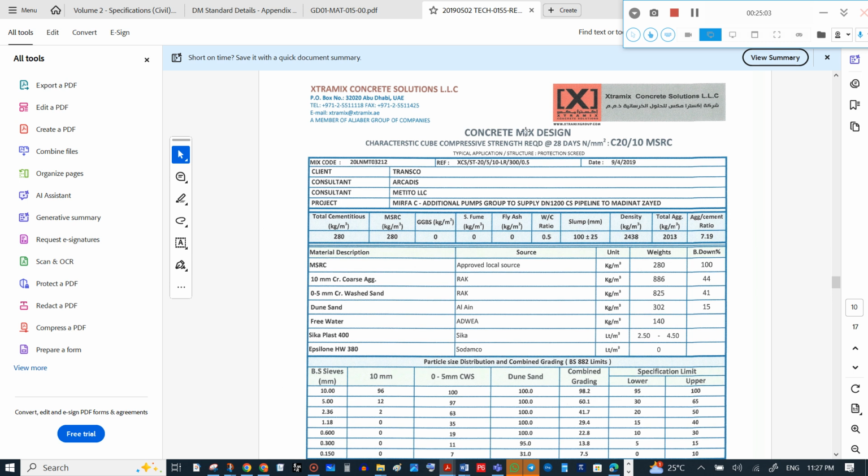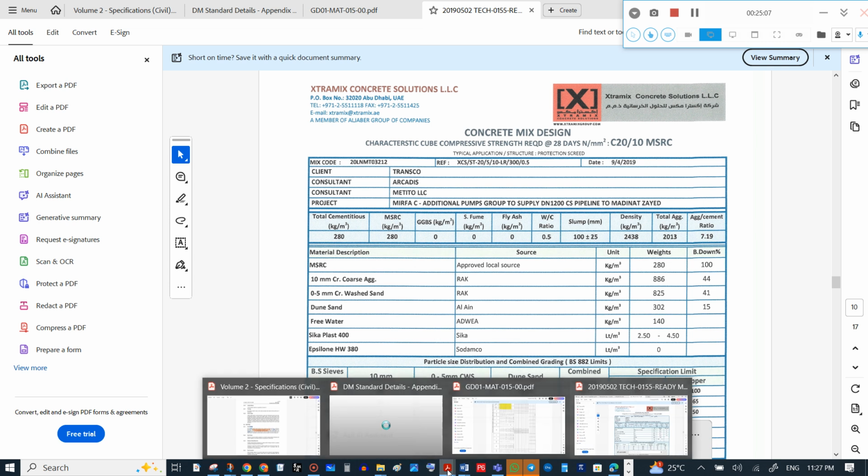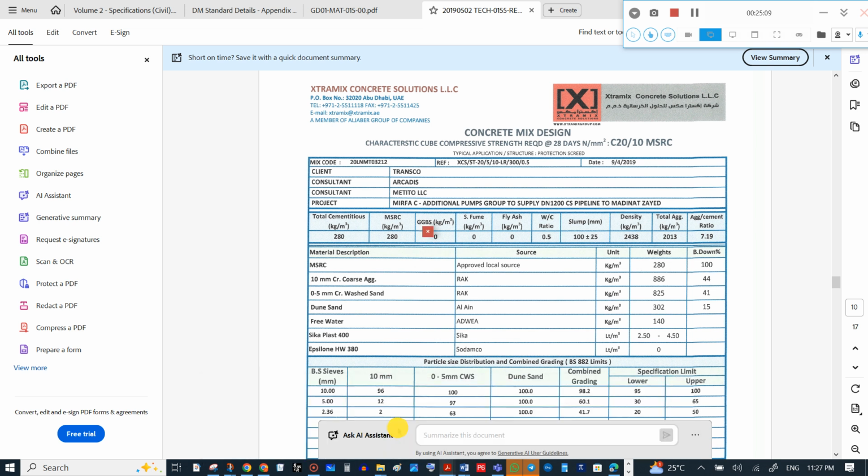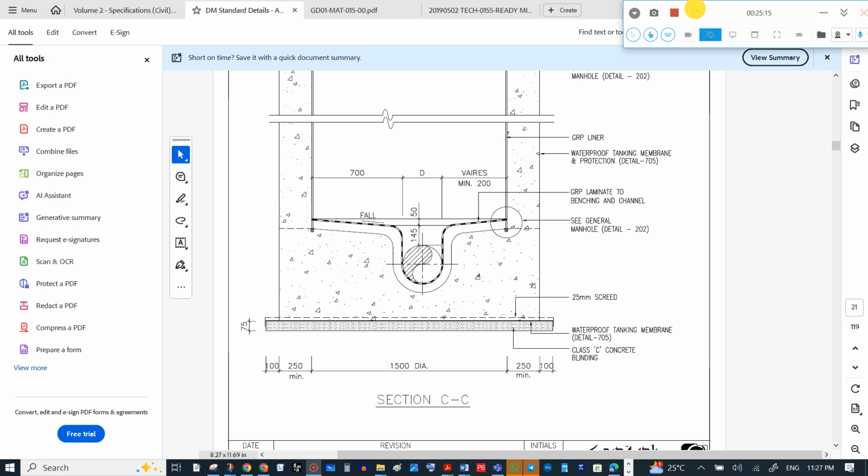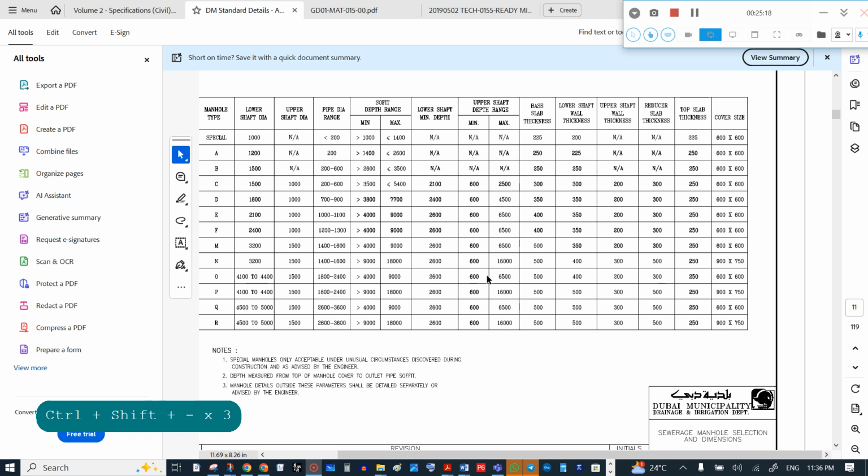Now we have discussed the screed. Now we will discuss the base slab. Here in this sewerage manhole table, the base slab thickness is given, starting from 225 to 500. Now we need up to type number 5: 225, 250, 300, 350, 400. That is the base slab thickness.